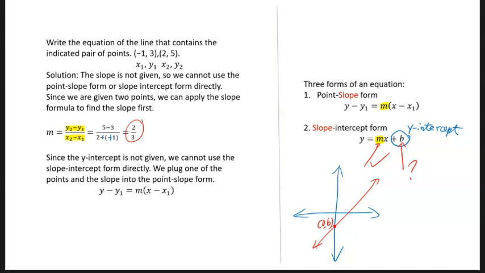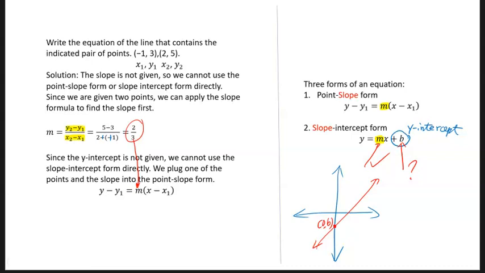Let's bring down the formula, and then plug in the numbers. I now have the slope, which is 2/3. Here we actually have two pairs. Although the other one was labeled x2, y2, they're just going to be x1, y1 in the formula. Both of them are points on the line, so you can pick any of these pairs.